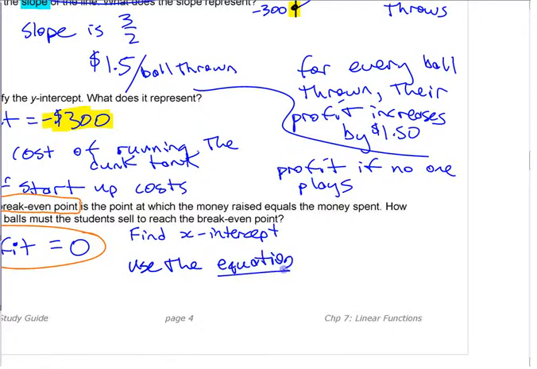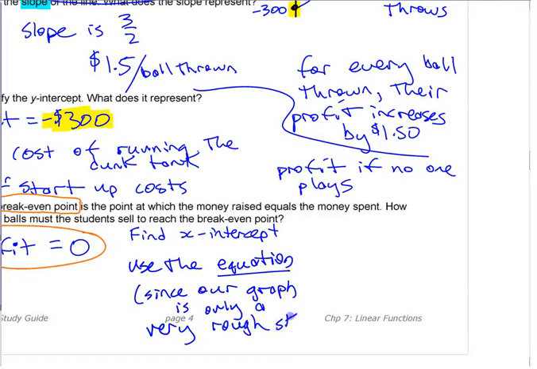Okay, use the equation, since our graph's only a very rough sketch. You have y equals 1.5x minus 300.